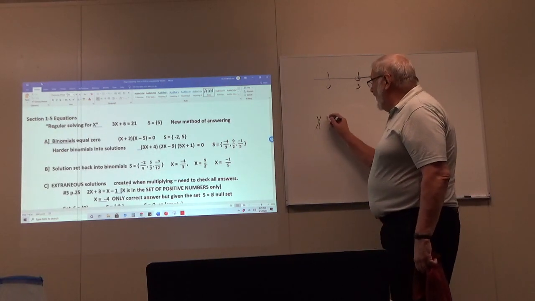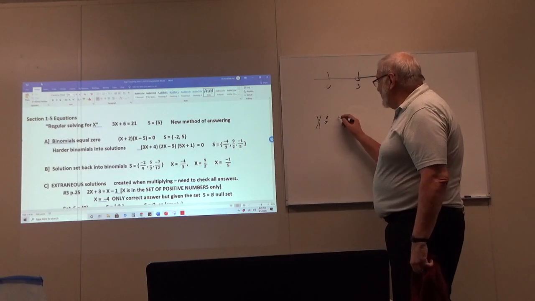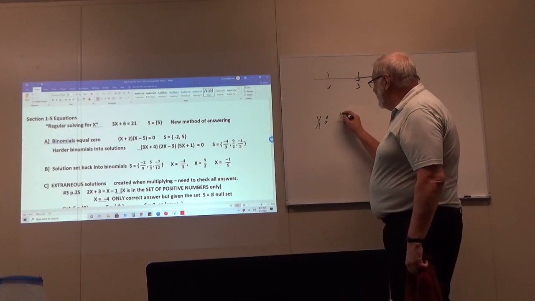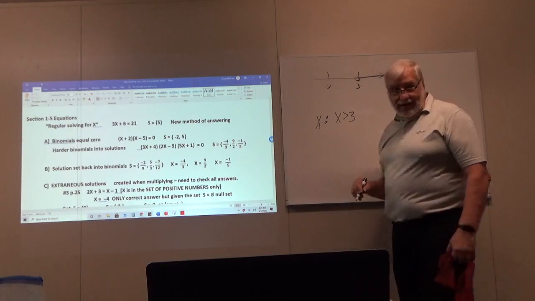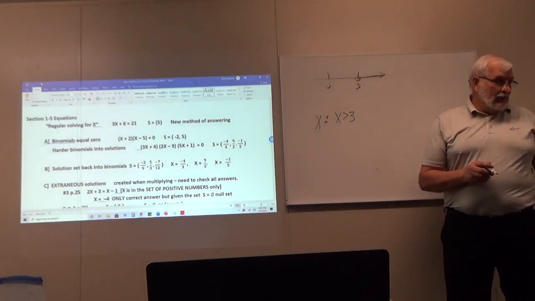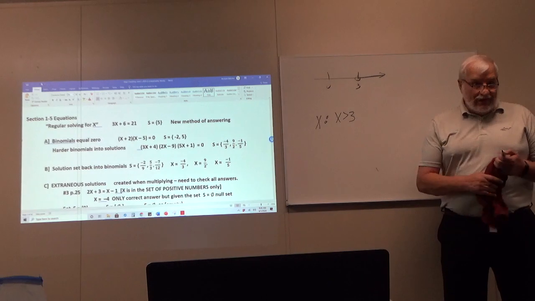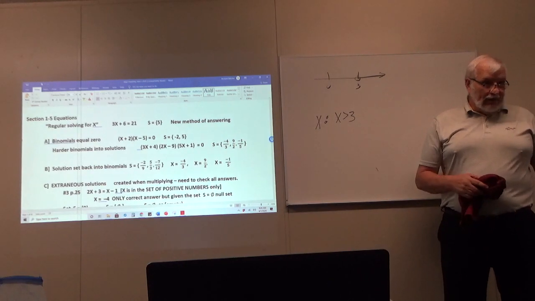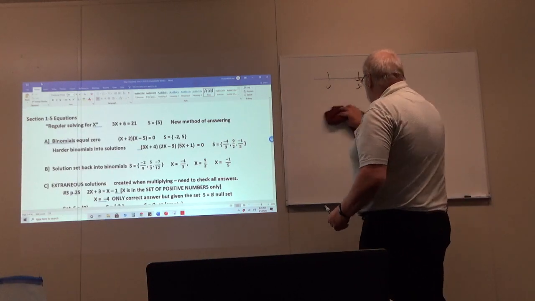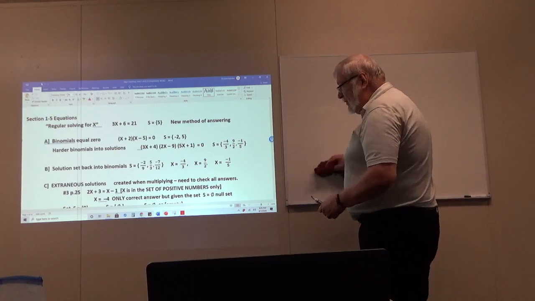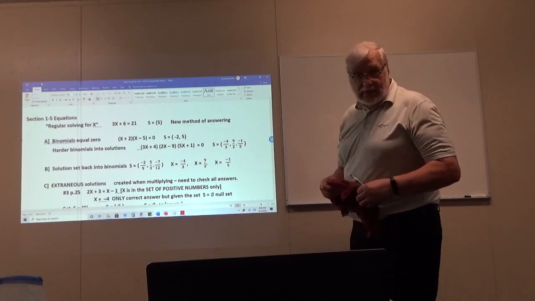So it's all x's such that x is greater than 3. That's how that would be written. We'll get to that eventually, when we have domain and range, and that's going to come back into play. But for today, you need to understand the null set. That's the first thing.